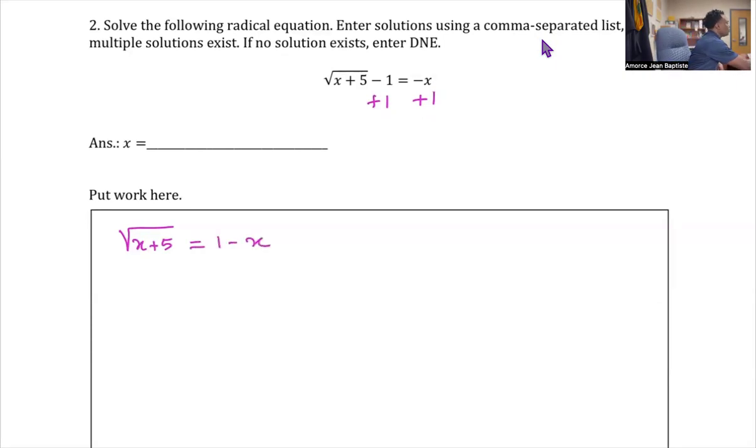And then we will proceed the same way. Make sure that we remove the radical by raising both sides to the power that is equal to the index. The index here is 2, so let's raise both sides to the second power.